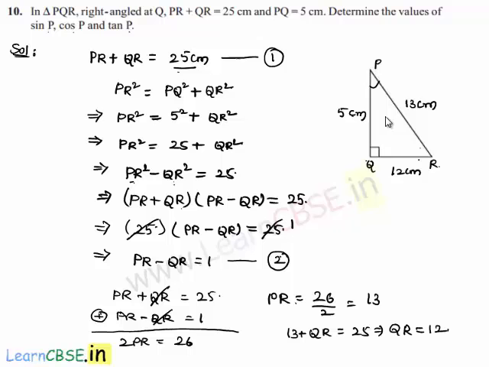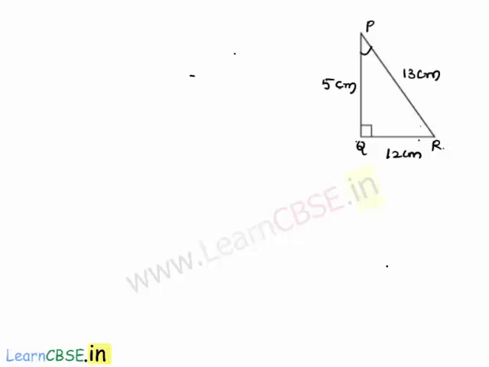So here we have all the sides of the right angle triangle. Now we can find the values of sin P, cos P and tan P. Here he asked us to find the values of sin P, cos P and tan P. Let us find them.